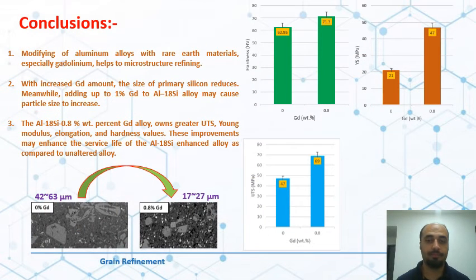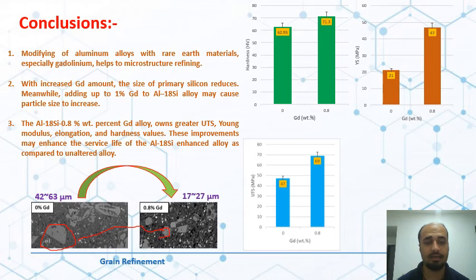In conclusion, adding the Gd element helps refine the microstructure. The size decreased, and the shape became round after we added the rare earth element, especially Gd. After we increase the Gd percentage further, the size will increase and it will also be coarse.